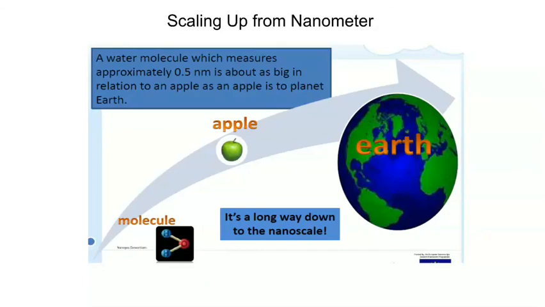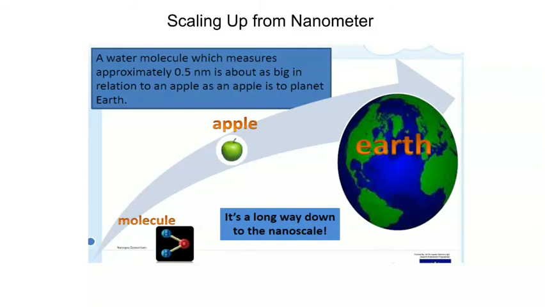Now another approach is scaling up. In the scaling down process, you imagine the big thing and then reduce the size, and try to imagine the nano size. In the scaling up process, you can imagine something like this.